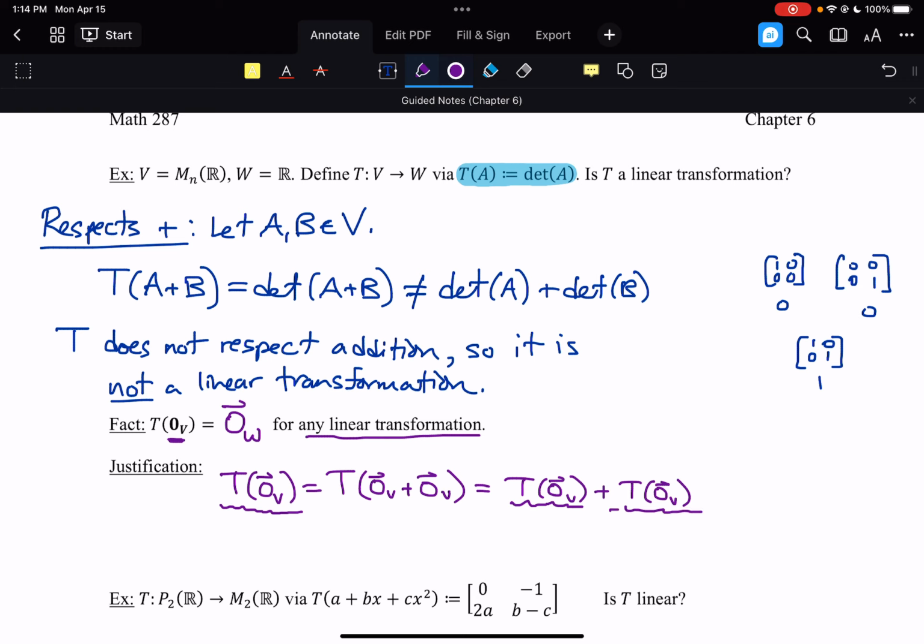If we subtract one of these off from each side, what you have left here is nothing. So you have 0, but it's not just 0, because after it's been transformed, you are now in W, the output vector space. So this would be the 0 vector in W. And on this side, you subtracted one away, so you're left with the transformation of the 0 vector in V. And that is exactly the relationship that we have defined.